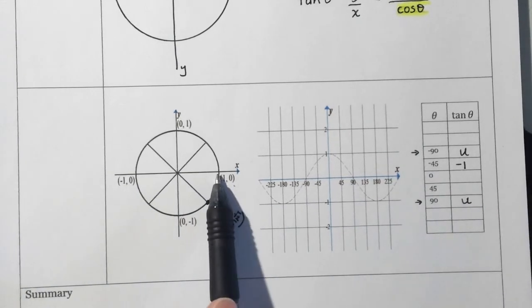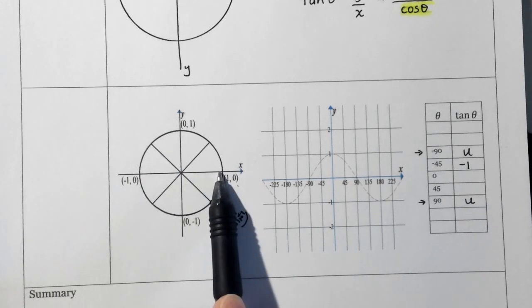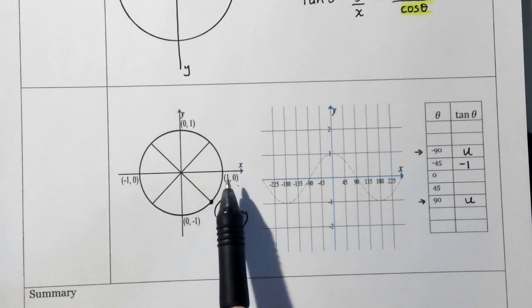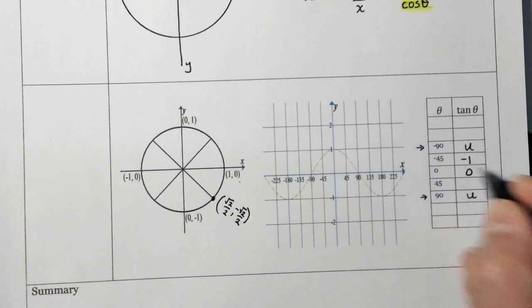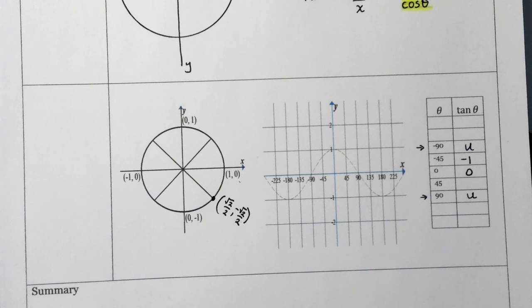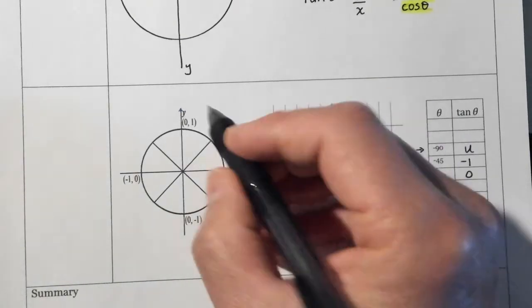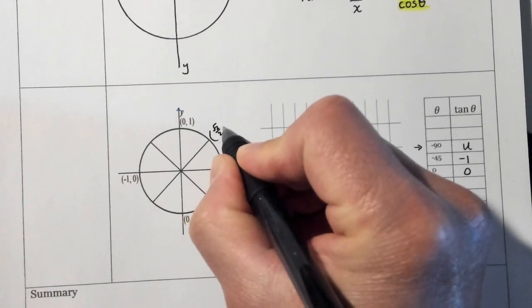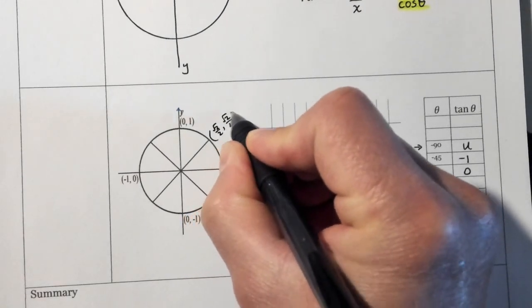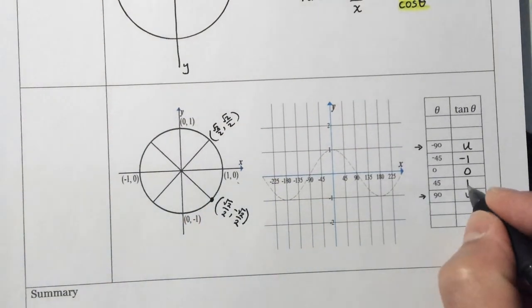And at this point right here at 0 degrees, y divided by x, 0 divided by 1 is 0. And at 45 degrees, right here, coordinates of that point are radical 2 over 2 and radical 2 over 2. Both positive. When you divide something by itself, you get 1.